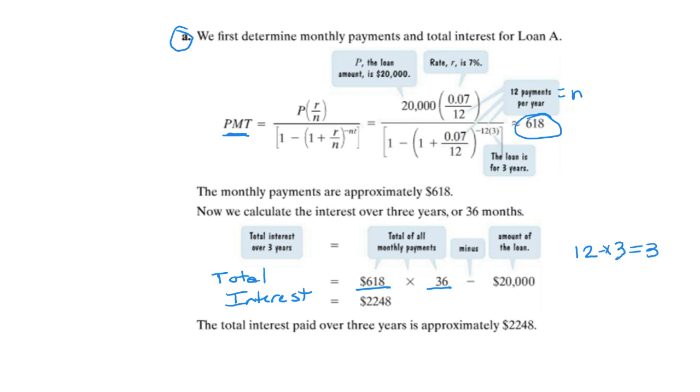That's the total number of payments you would make for the loan. Then you have to subtract how much the original loan was. Once you do that, you come out with $2,248 for the total interest. So the total interest paid over 3 years is approximately $2,248.